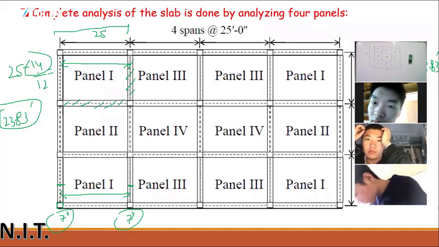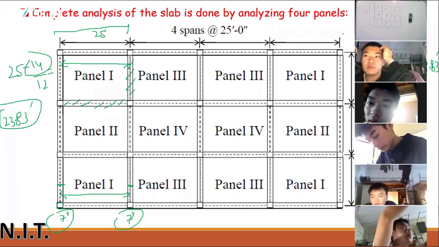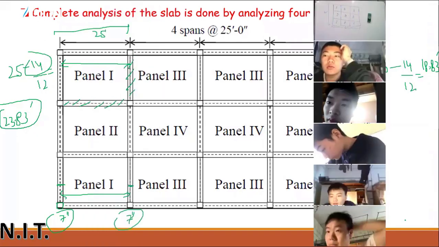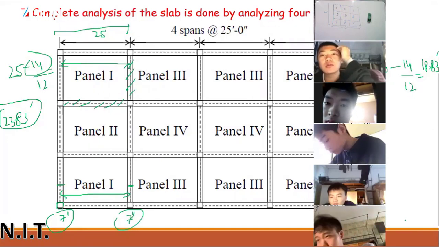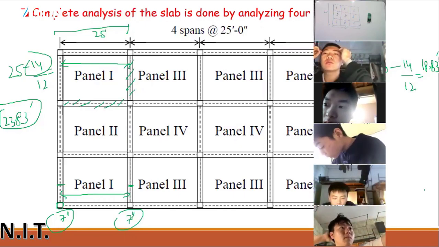Clear? And this 12, yes, I know. To convert the unit, that's why I have divided by 12. Mr. Bruce Wayne asks why it needs to be divided by 12. It needs to be converted to the same unit.